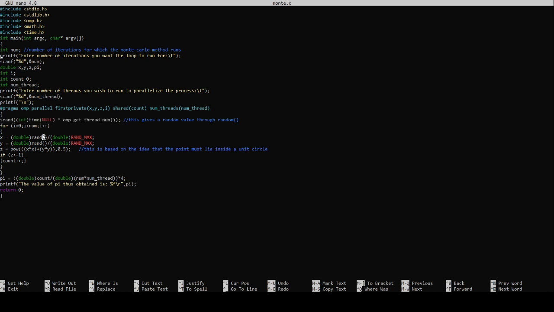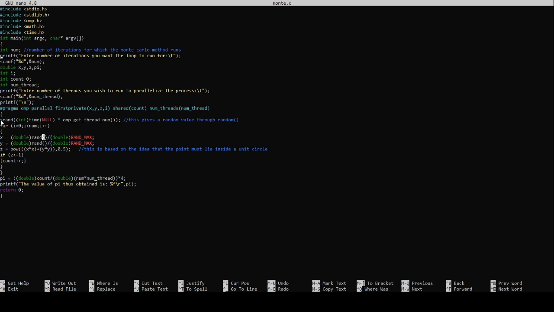So the Monte Carlo problem is based on the idea that if a unit circle is inscribed in a unit square, then the value of pi will be equal to 4 times the area of the circle divided by the area of the square. Thinking about it in the way a computer might work, let there be an indefinite number of points in the square.